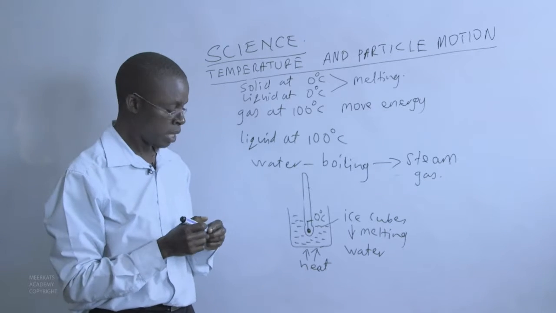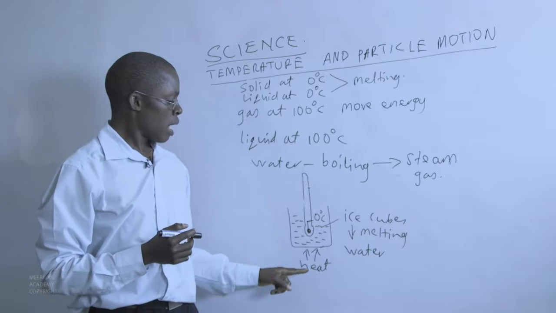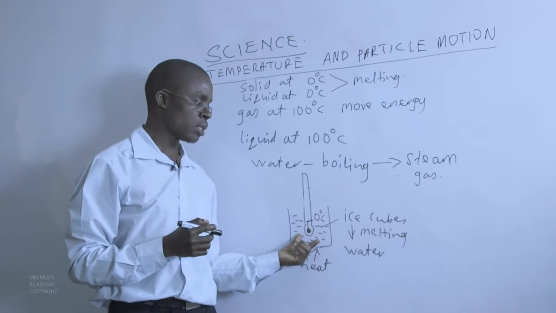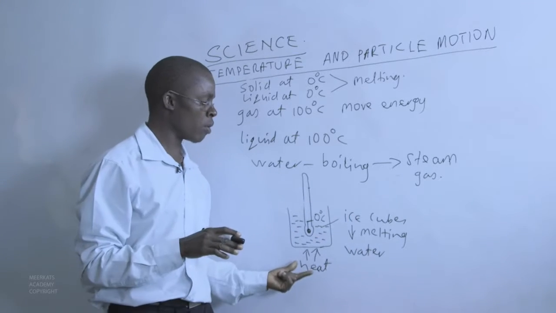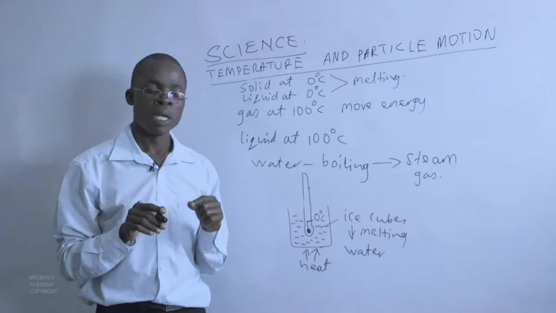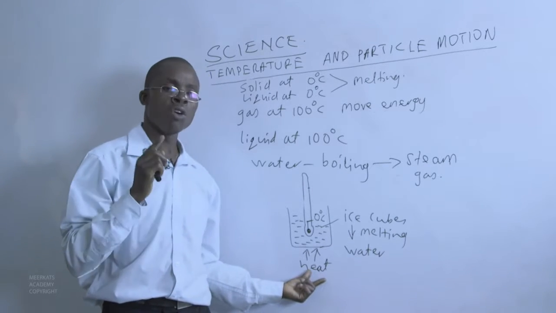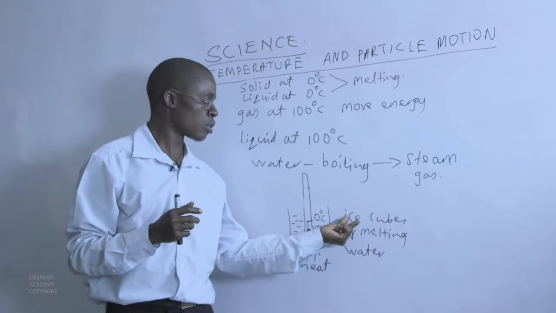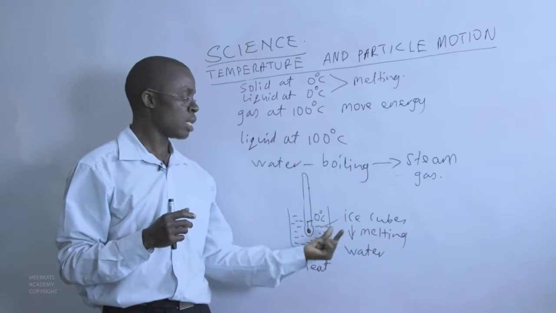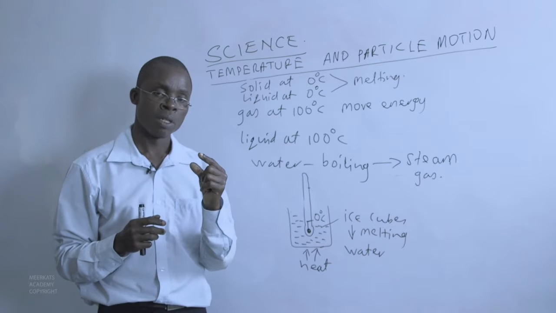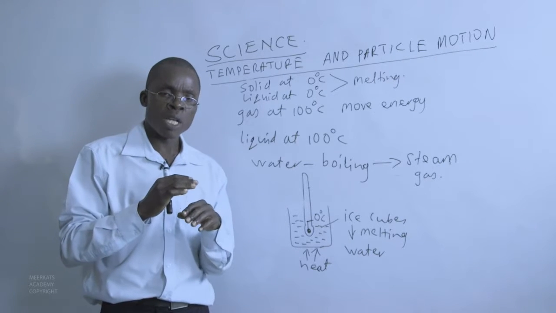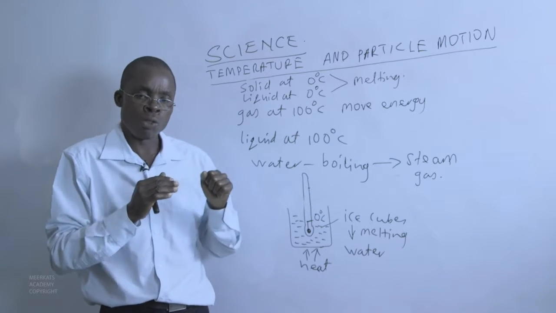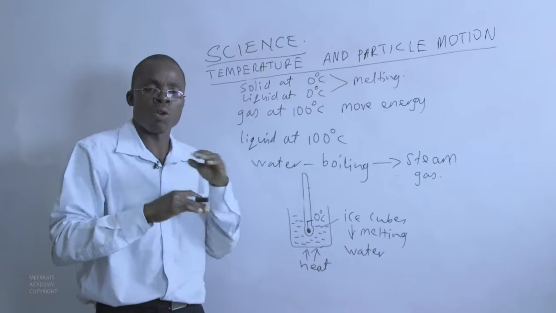Why? The answer is, as you continue heating, just before all the ice cubes melt, the addition of heat energy only does one thing: break the bonds, weaken the bonds in the ice cubes, which is a solid, so that the molecules of water in ice state can now break loose a little bit to be able at least now to roll.